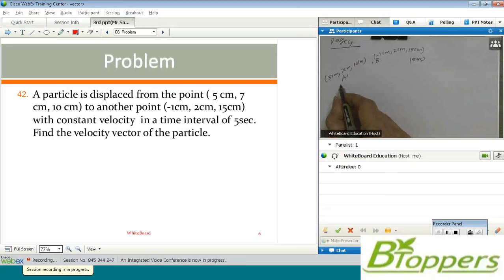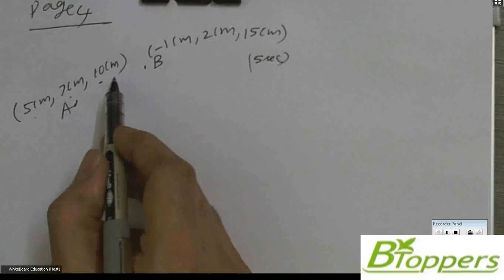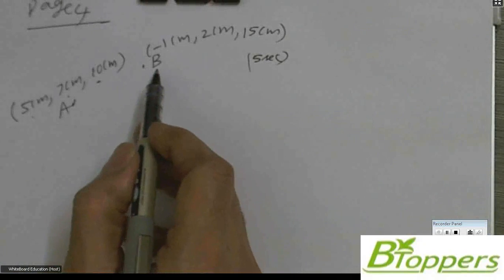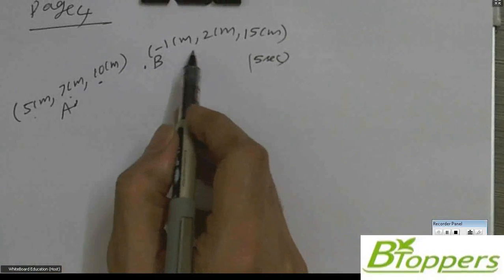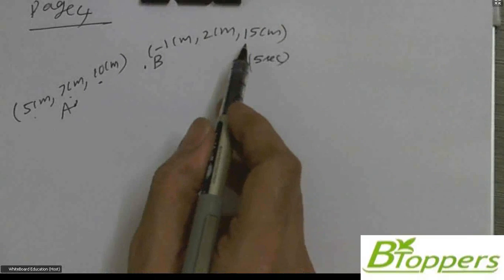So here the particle is first displaced from one point, I have denoted by A, with Cartesian coordinates 5 cm, 7 cm, 10 cm, to another point B with Cartesian coordinates -1 cm, 2 cm, 15 cm.